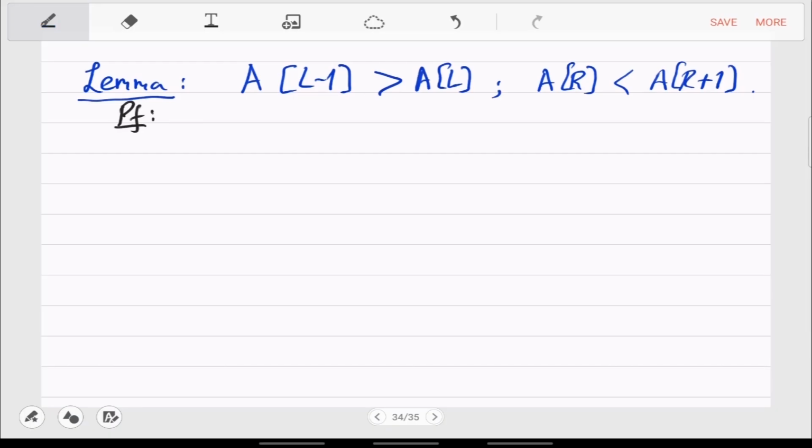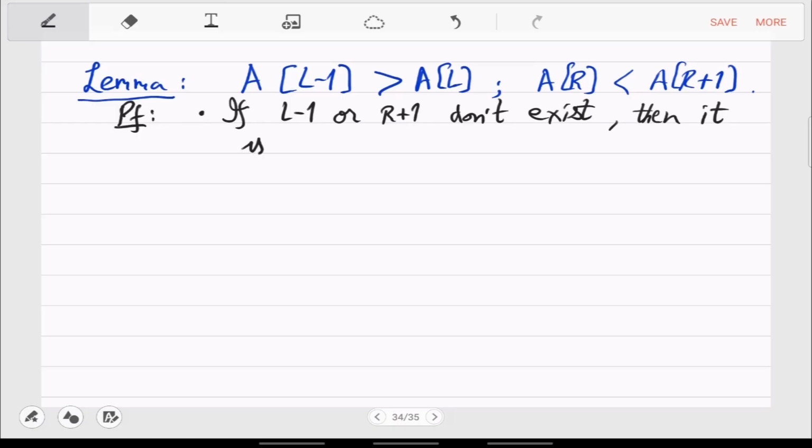So this proof is, if L minus 1 or R plus 1 are outside, or they don't exist, then it is vacuously true.